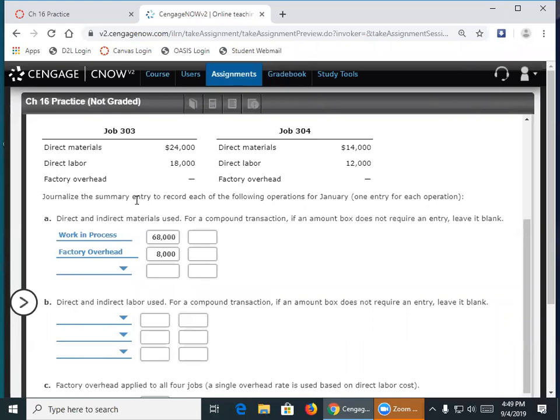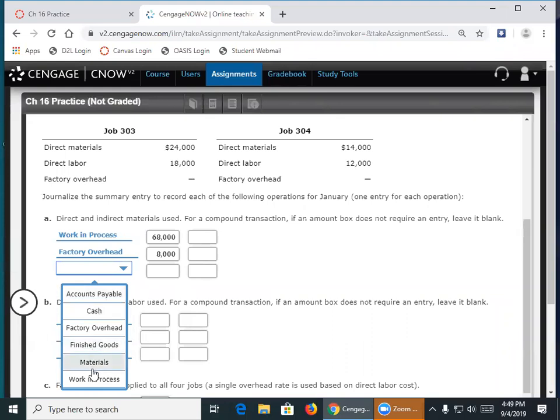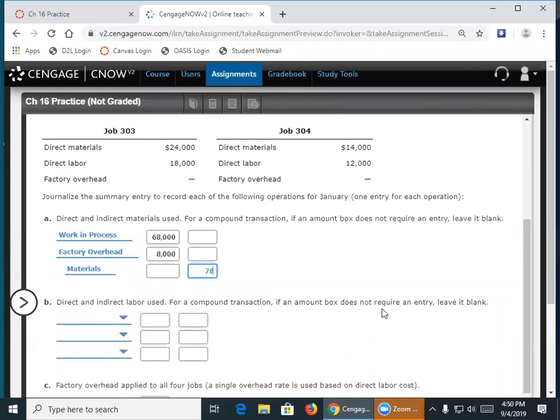Yes, it all comes out of that materials account, but you could technically show that as 76 right there. 68 of it is direct materials going into work in process, and 8,000 is an actual overhead. So we're going to credit materials 76,000. And that takes care of basically just the journal entry for the month of showing what we did with materials.